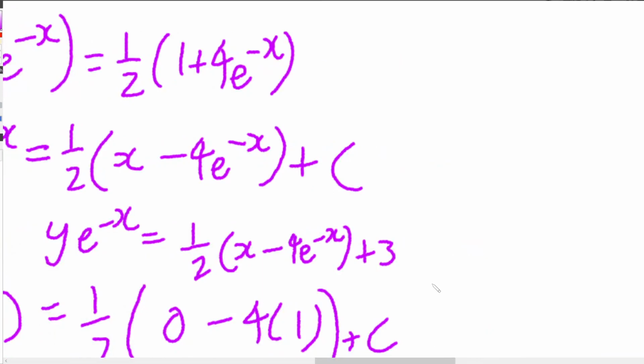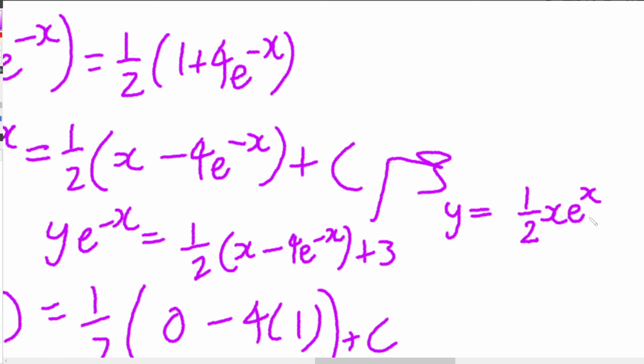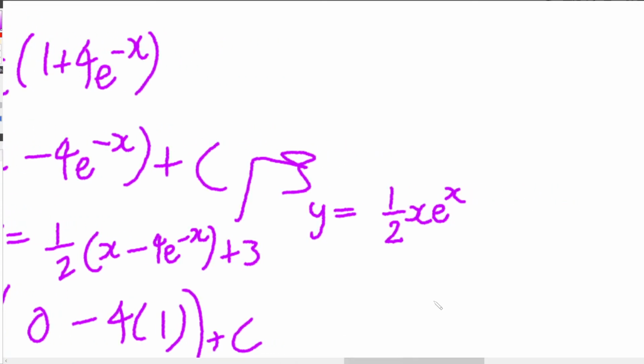And if we are to multiply both sides by e to the x to get an expression for y in terms of x, the grand finale of solving any differential equation, isolating y, we get y is equal to 1/2 x e to the x minus 2, because that's what 4 times e to the minus x times e to the plus x is, those two exponential functions cancel out, and then minus 4 over 2 is just 2, minus 2, plus 3 e to the x.